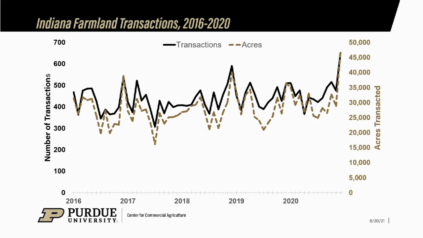So it's fine for us researchers, but people that work in the market know that's a slower process, so we stopped at the end of 2020. What I'm showing here is the volume of sales between the beginning of 2016 and the end of 2020, both as the number of transactions and the total acres transacted.